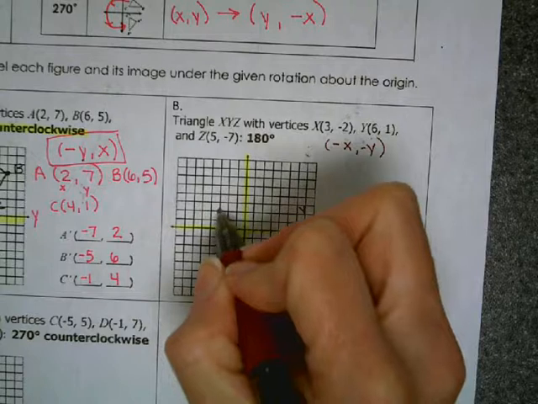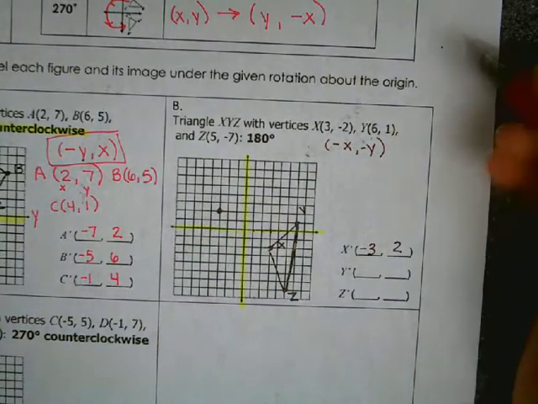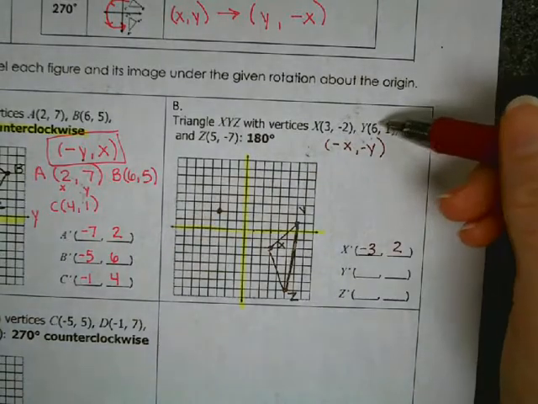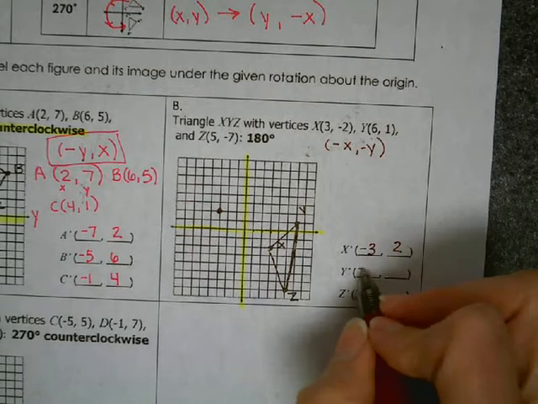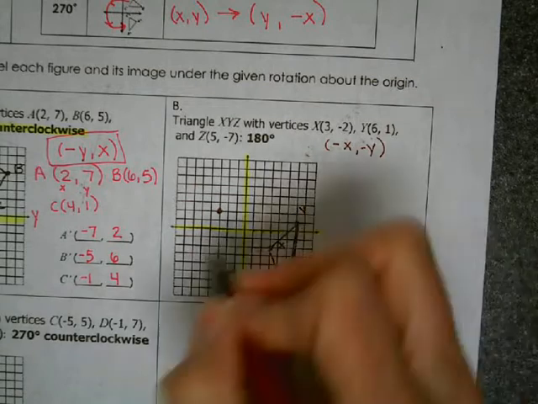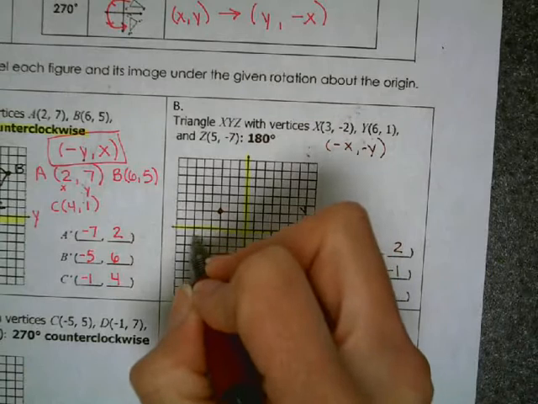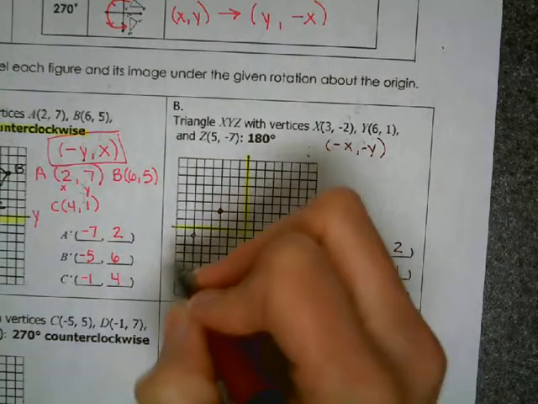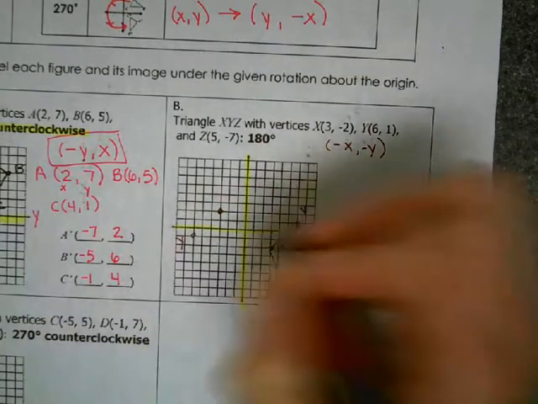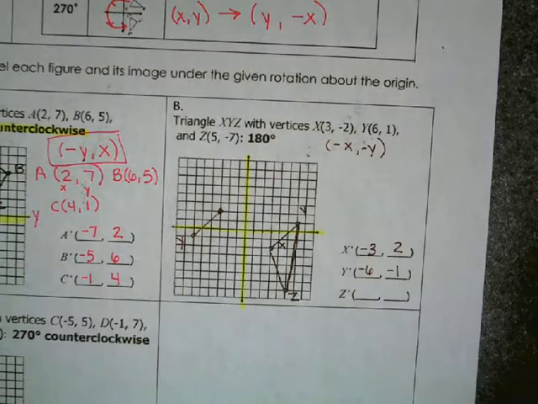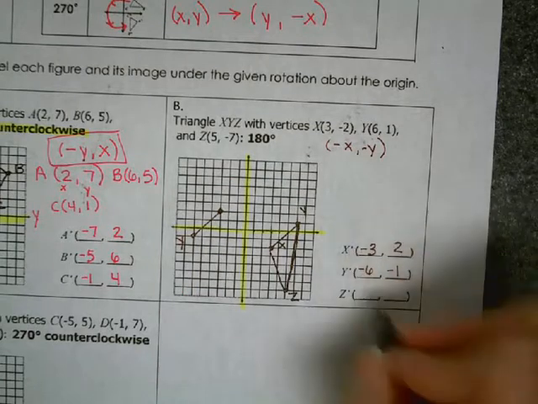That's your x. Do the same thing with your y. Opposite of 6, opposite of 1. Becomes negative 6, negative 1. Okay, the last one, opposite of 5 would be negative 5.